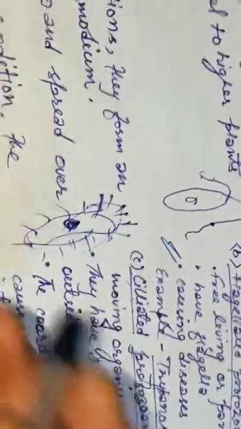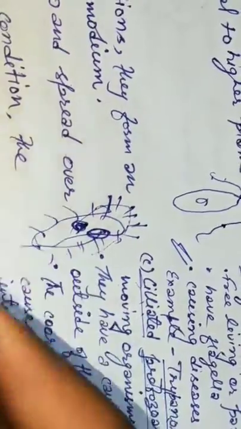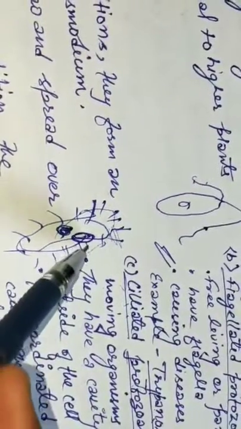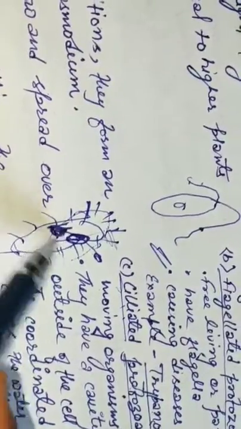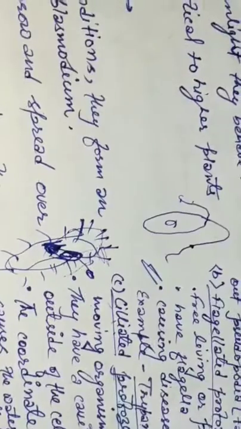There is a cavity which is known as gullet, and due to the movement of these cilia, the prey enters into the gullet, and from this gullet enters the body of the paramecium.